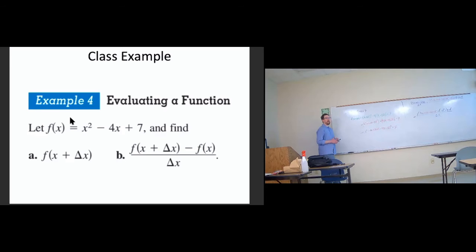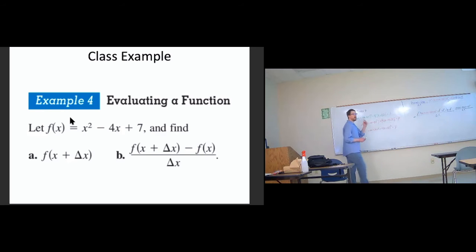So we've got a lot of reductions that can clean up our problem right away. So what we're left with then is going to be 2x delta x minus 4 delta x plus delta x, that quantity squared, all divided by delta x.